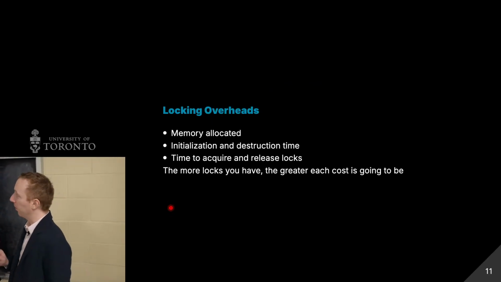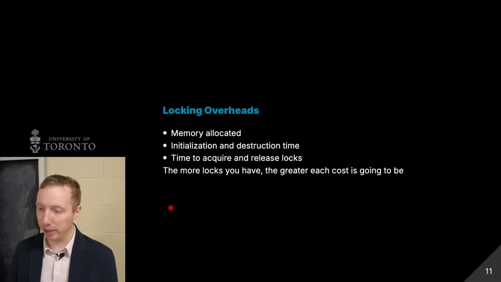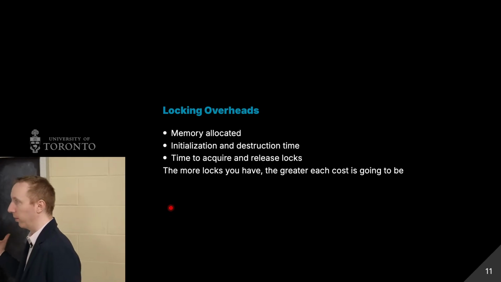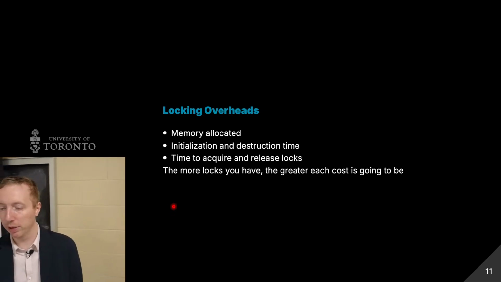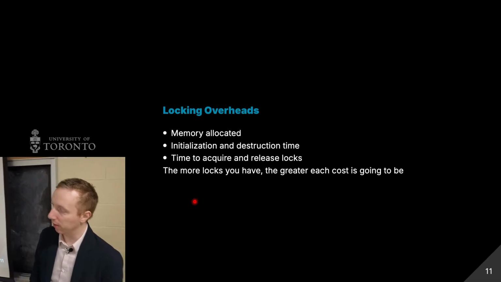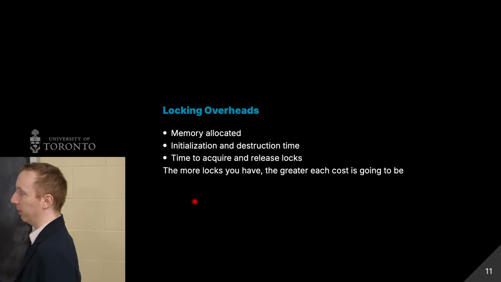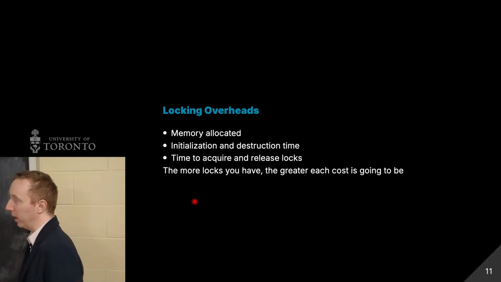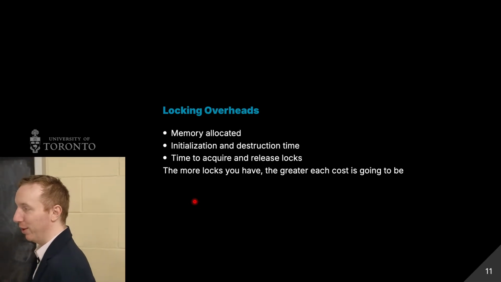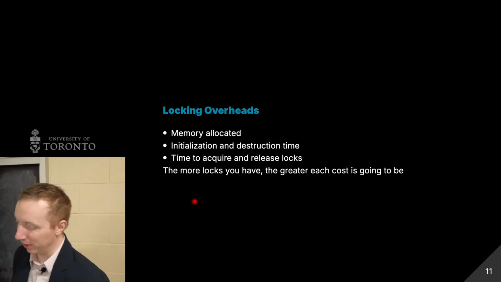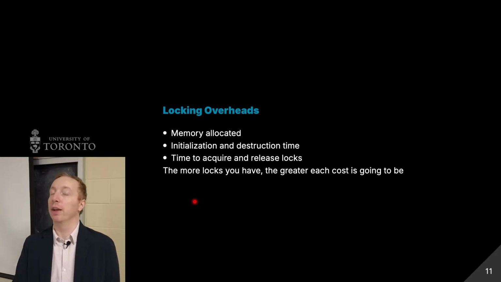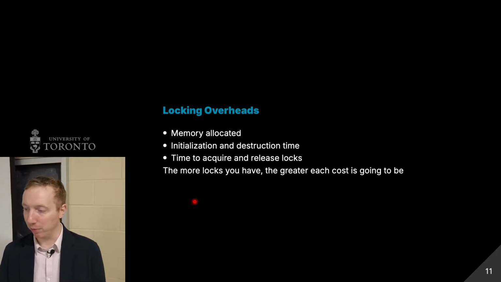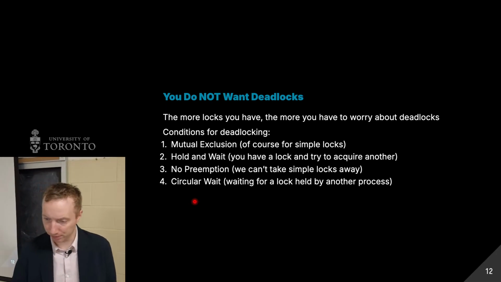So again, for locking overheads, they take memory, they take time to create, destroy, acquire them, or lock them, or unlock and release them. And the more locks you have, the greater each cost is going to be. If you optimize your program and you have 1 trillion locks, well, even if they only took up the size of an integer, you're wasting a lot of memory just for that. Not to say any performance overhead of that as well.